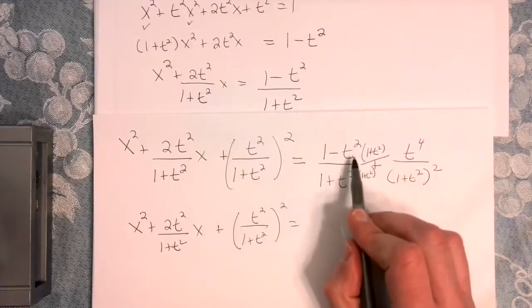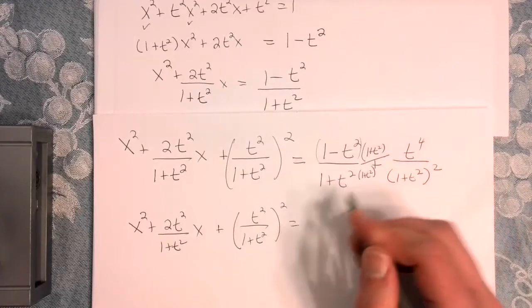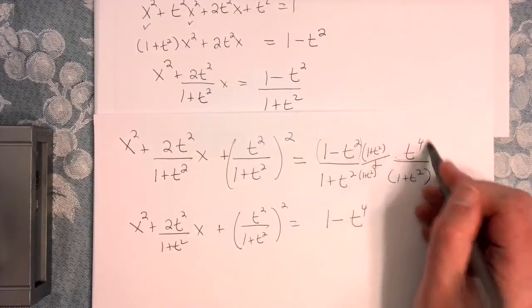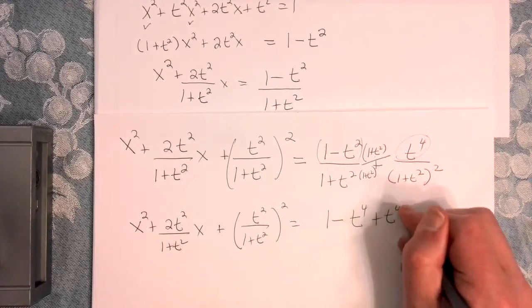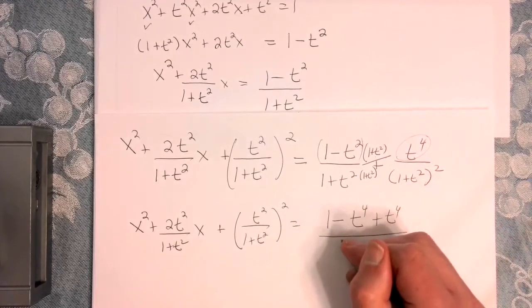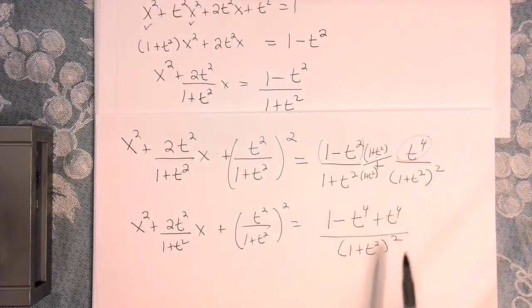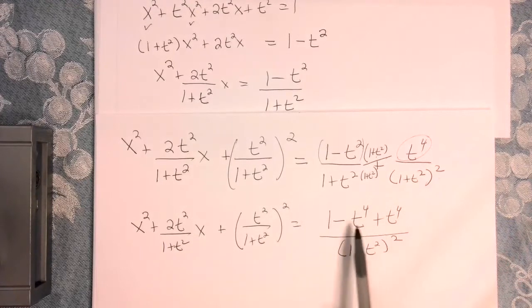When I multiply, these are conjugates, right? This times this. So that's going to give me 1 minus t to the 4th plus t to the 4th over a common denominator of 1 plus t squared, squared. I'm not going to multiply that out. And so those will cancel.